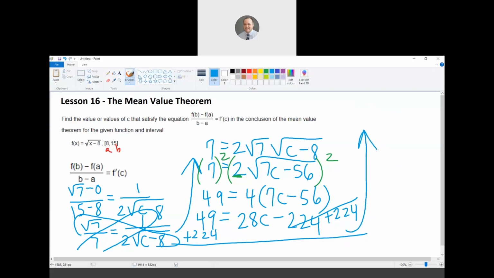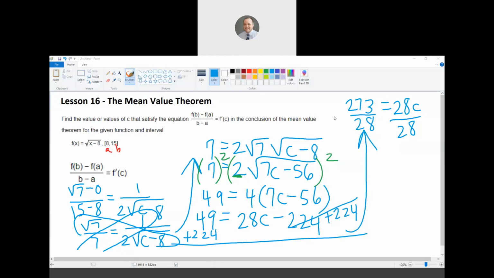On the left side, that would be 273 equal to 28C. And when we divide both sides by 28, let me see if 273 and 28 can be reduced.